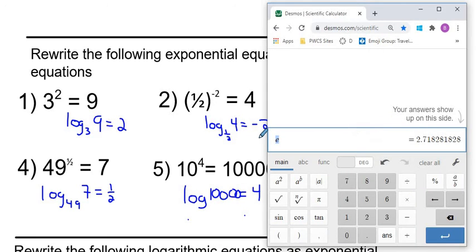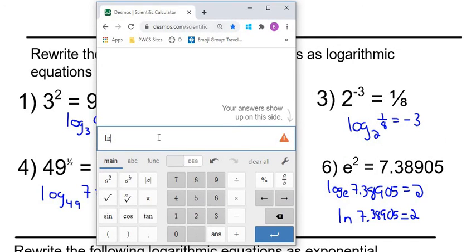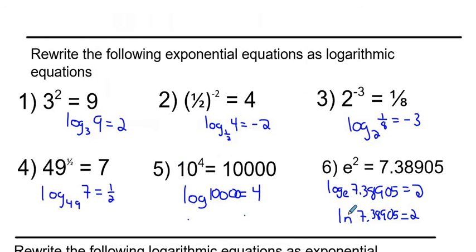You can type ln in. If I were to type ln into the calculator and type in 7.38905, you can see that it's very close to 2 because I need another decimal place. But ln is something you can type in, and log is something you can type in, but you just need to understand the difference between the two.